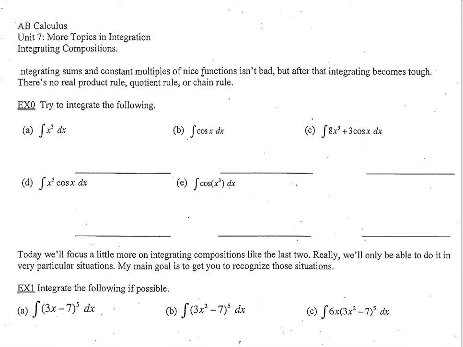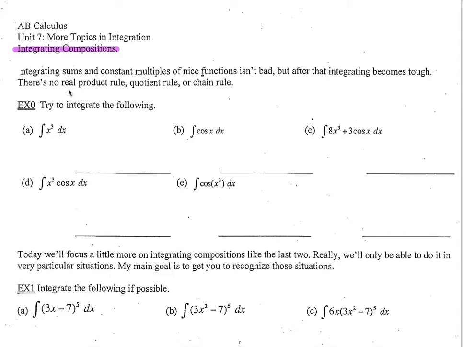The second day of video notes for Unit 7, and today we are looking at integrating composition functions. Up until now, when we've been doing integrating, we've been looking at sums and constant multiples, stuff that's kind of easy to integrate.